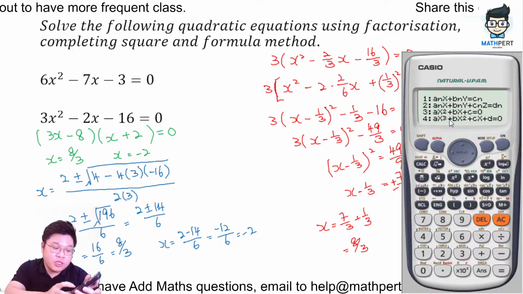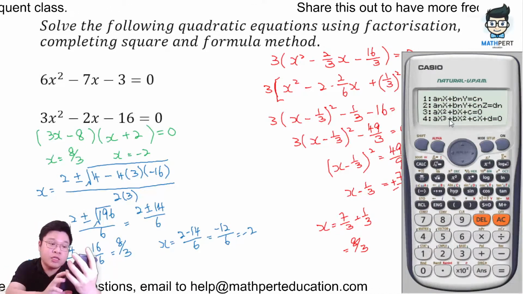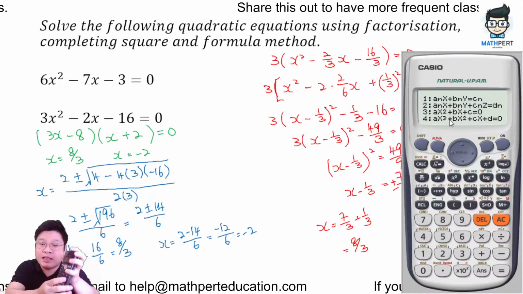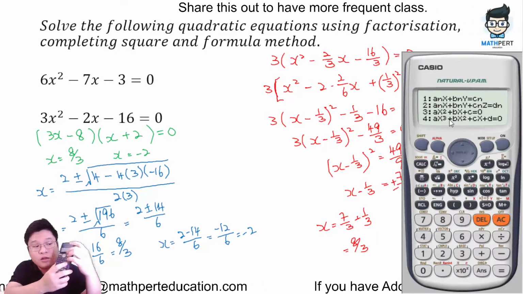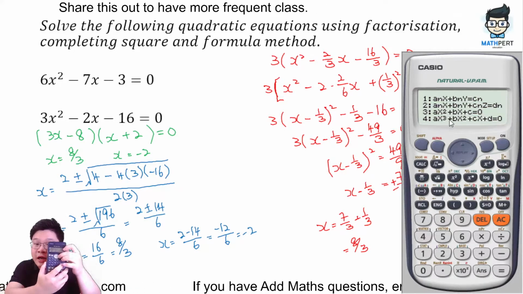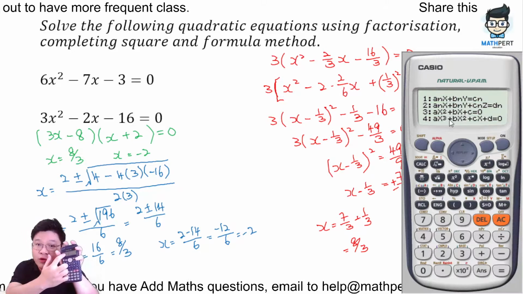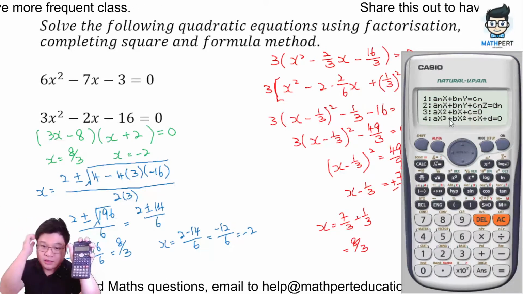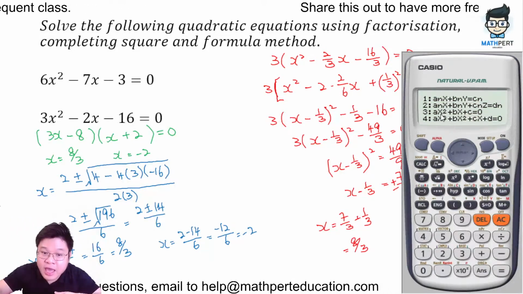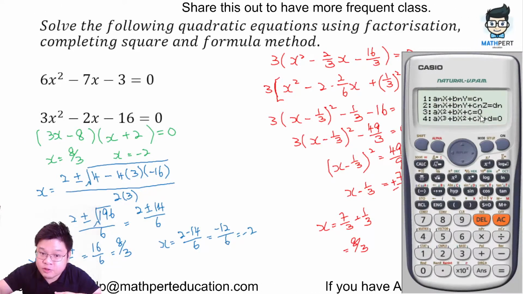For this calculator, you will press 1 because EQN is at number 1. Then they will ask you how many unknowns, 2 or 3, or what is the degree. So you press the next button, you press the degree, which is 2 degree. Then in this case, it is ax squared plus bx plus c equals to 0.